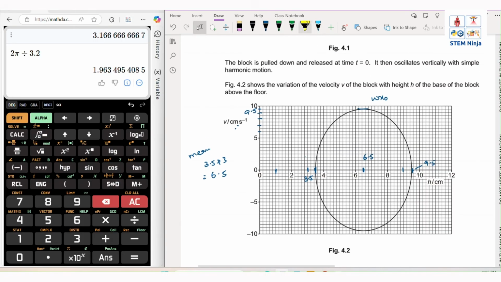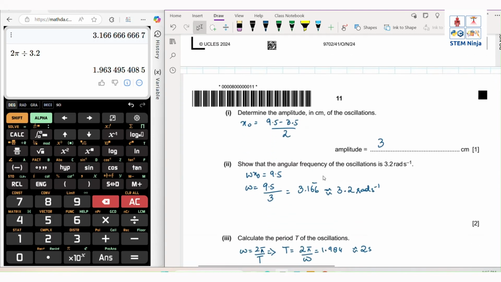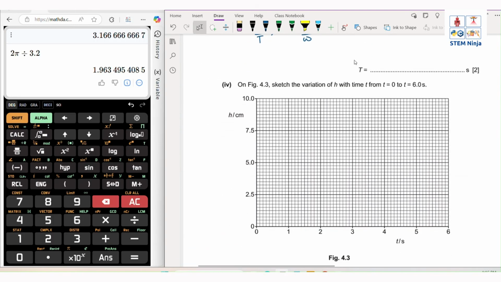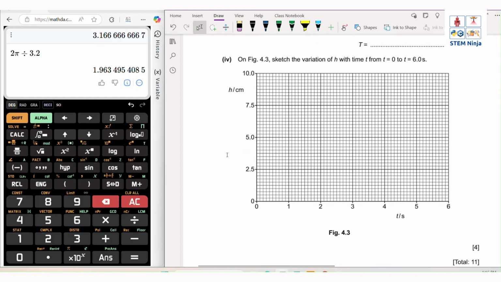However, it is pulled down and released at time t equal to 0, so the height will be at 3.5. So that is the 3.5, and 9.5 we need to find.